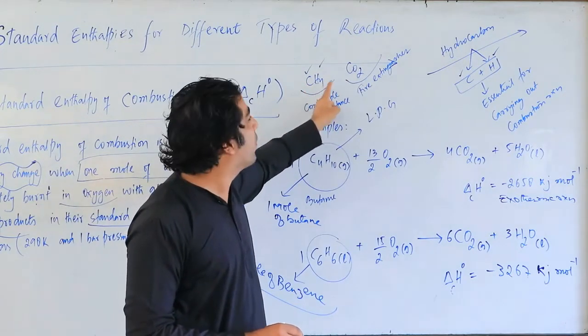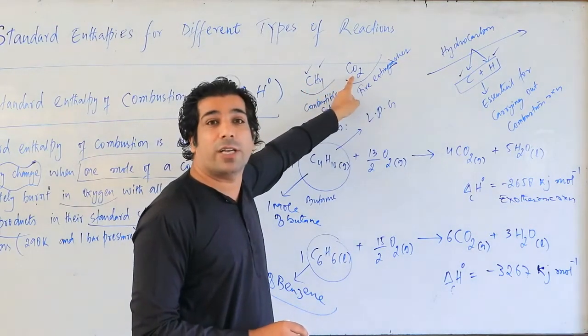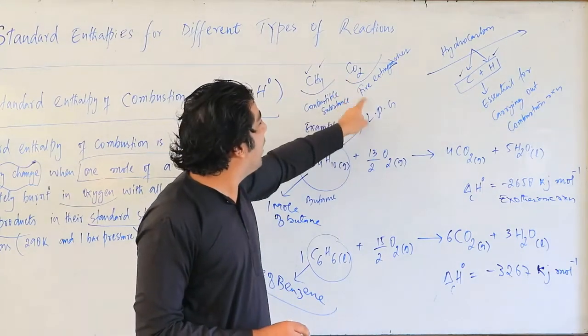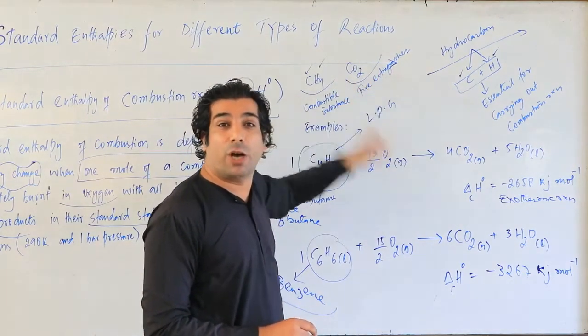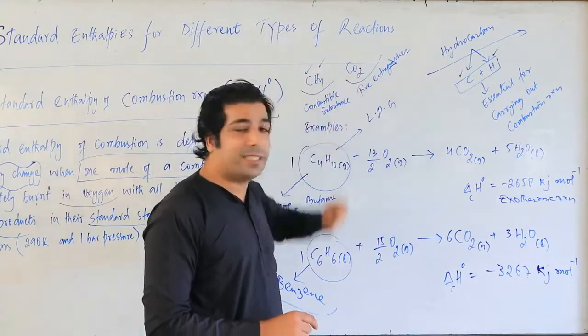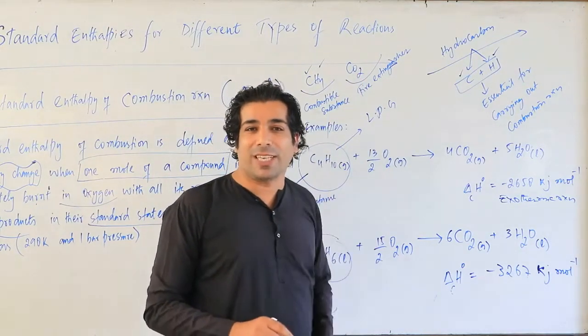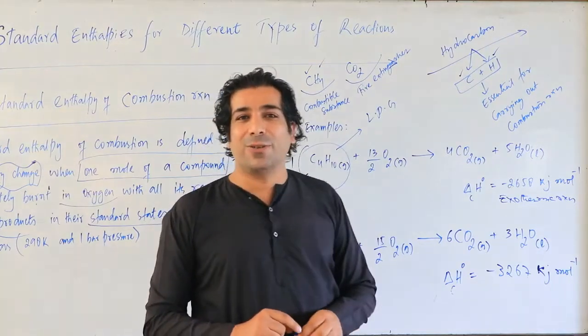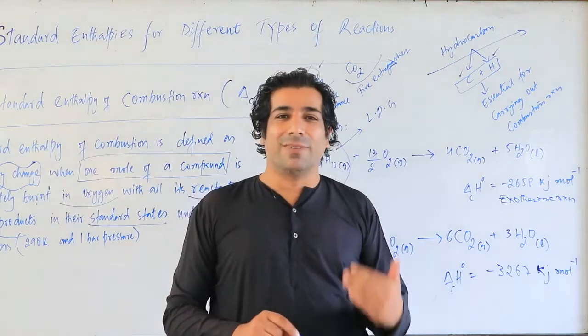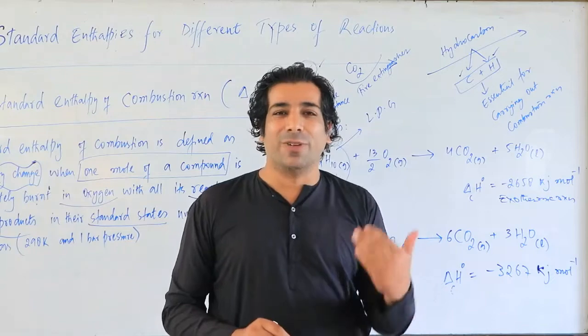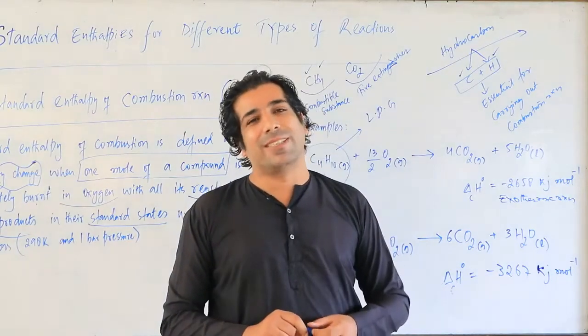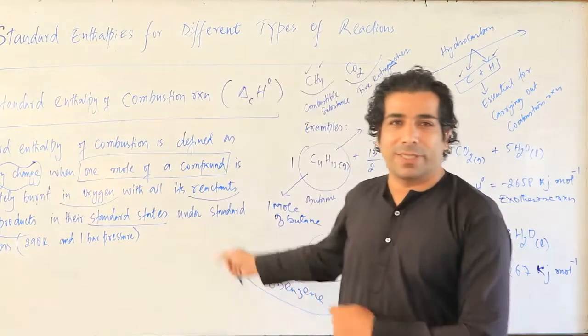But carbon dioxide is not a combustible substance, it's a fire extinguisher. It will stop the fire because it does not contain hydrogen. So the greater the carbon and hydrogen content in a molecule, yes or no? The greater is the chance of combustibility and the greater will be the release of energy. Please remember that particular point and make note of this.